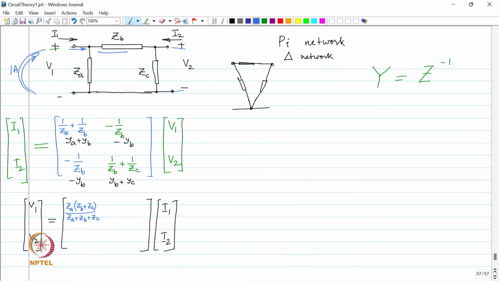So, it chooses how much of it goes through ZB plus ZC: ZA divided by ZB plus ZC times that 1 ampere goes through that part. Right. And then what is the drop across ZC? ZC times that current.